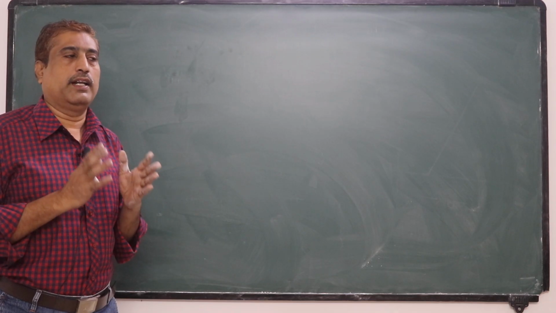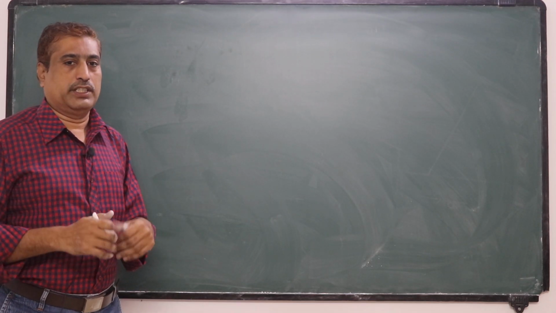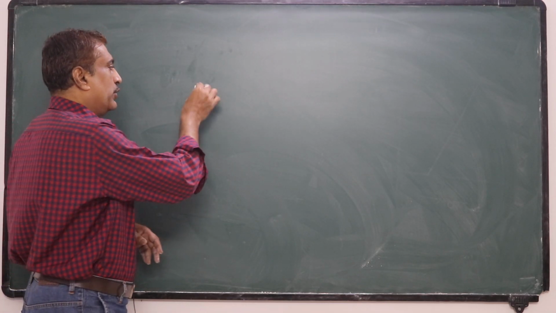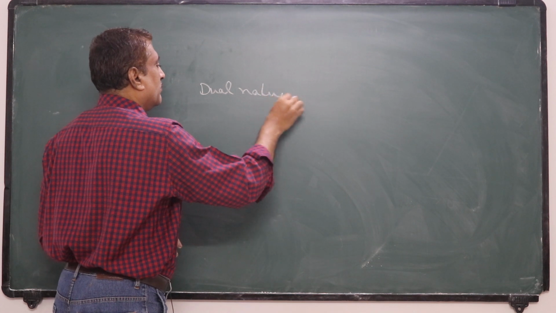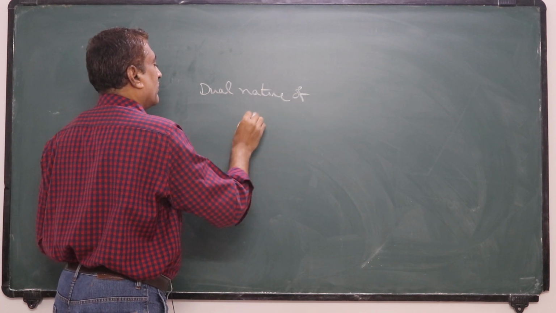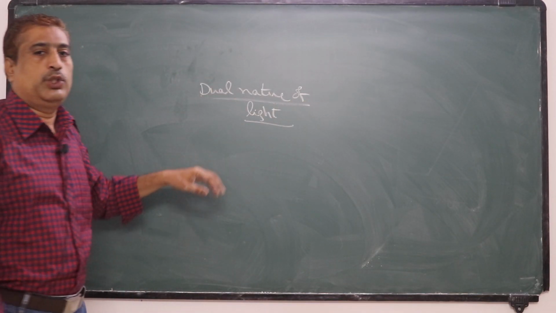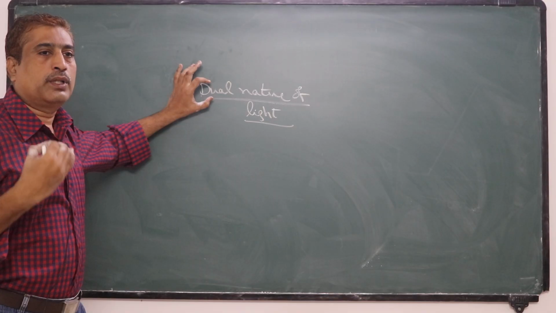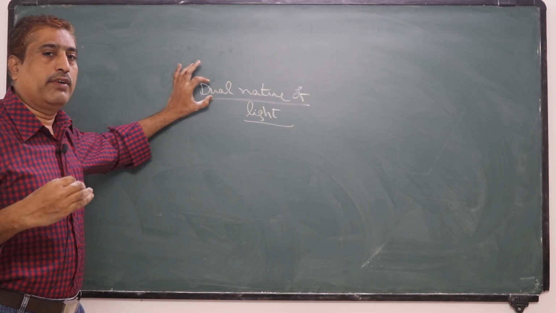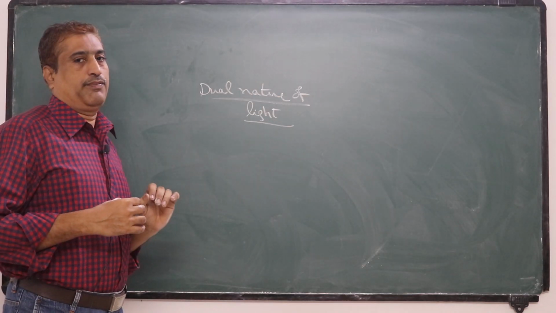Light exhibits both particle nature and wave nature, and that is called the dual nature of light.